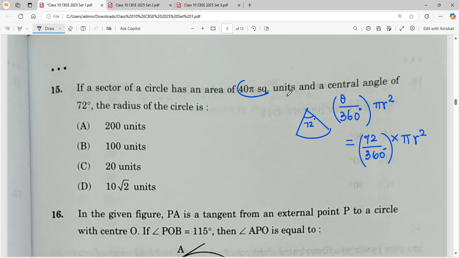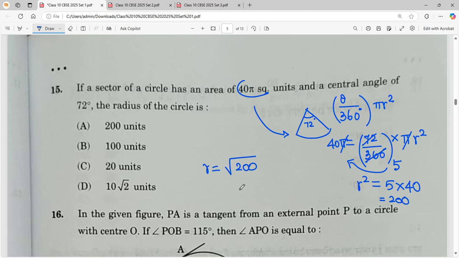The area is given as 40 pi, so we can cancel pi and pi. This can be cancelled too, so it becomes 1 by 5. So r square is equal to 5 into 40, which is 200. So r has to be square root of 200, which is 10 root 2. So the correct answer is option D.